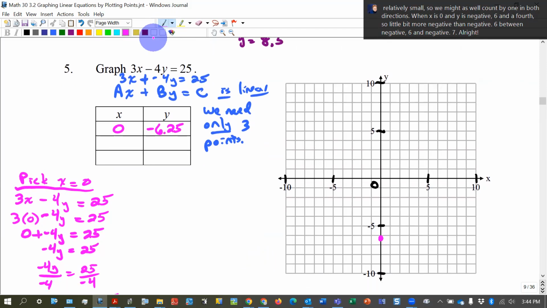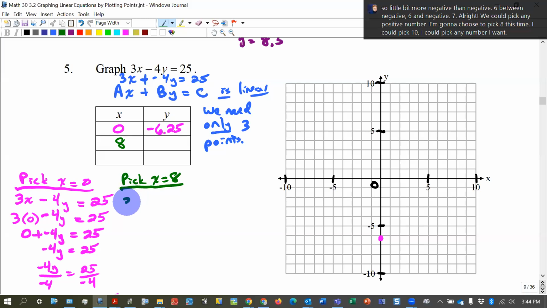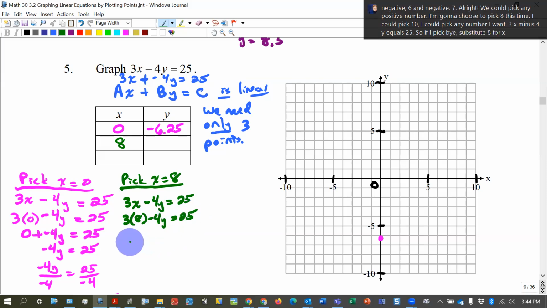All right. We could pick any positive number. I'm going to choose to pick 8 this time. I could pick 10. I could pick any number I want. 3x minus 4y equals 25. So if I substitute 8 for X, that gives me 24 plus negative 4y is 25.